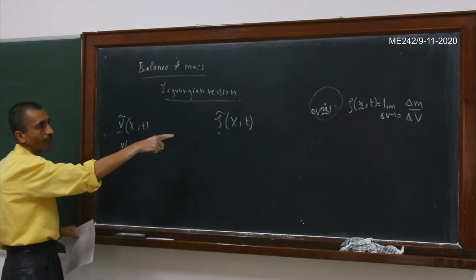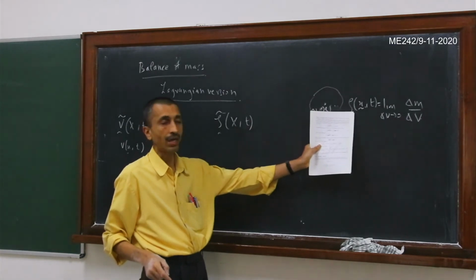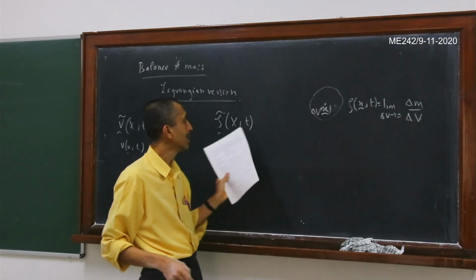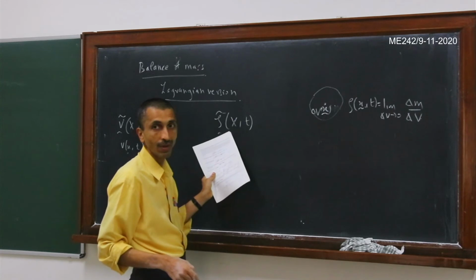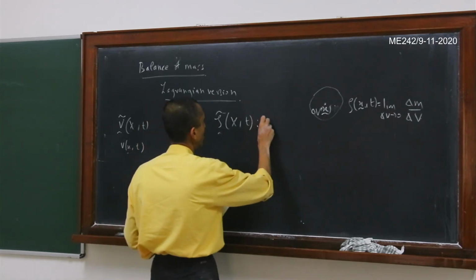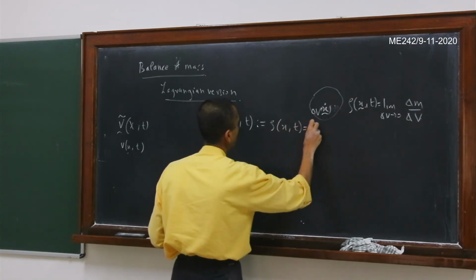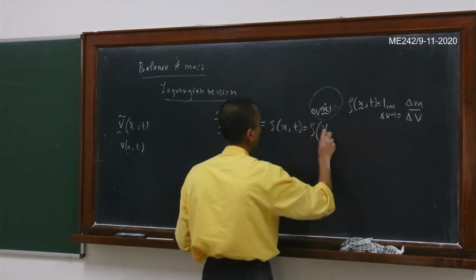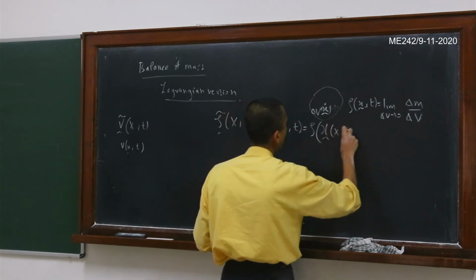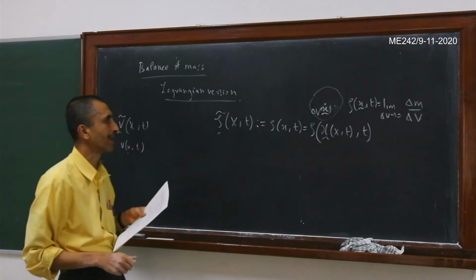In the same way, when I don't put the tilde, that is just the Eulerian description of the density, and the Lagrangian description would be given by rho tilde of X comma t. The definition is rho tilde of X comma t equals rho of chi of X comma t comma t, because x is chi of X comma t.